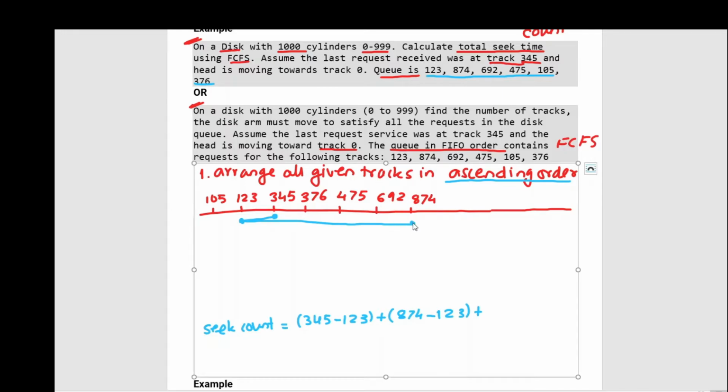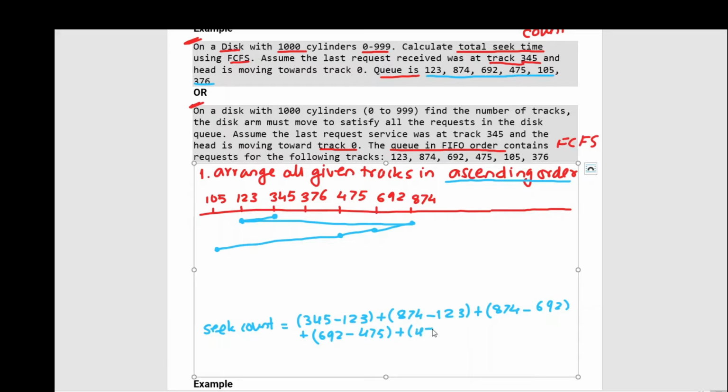Then from 874 we are going to 692. So higher track number minus lower track number. From 692 we are going towards 475. So plus 692 minus 475, plus 475 to 105.